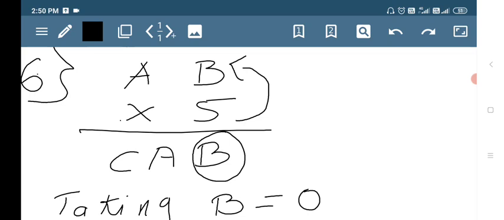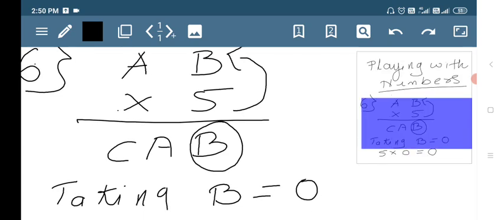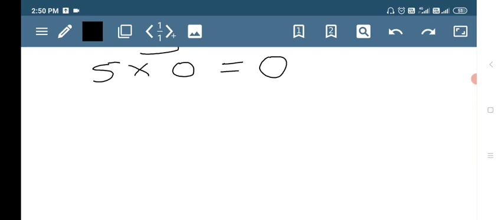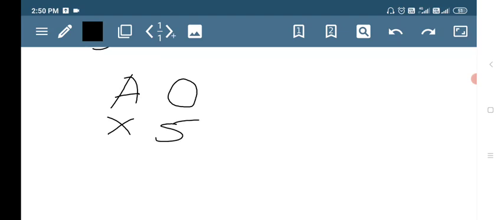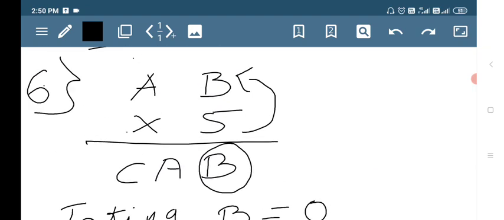Next, A0 into 5: 5 zeros are 0, and multiplying with A we should get CA.